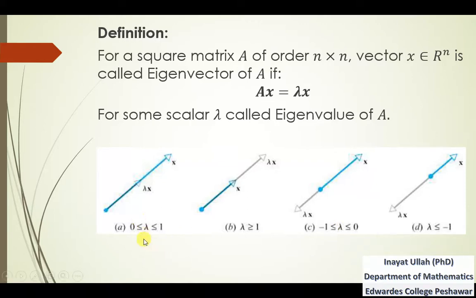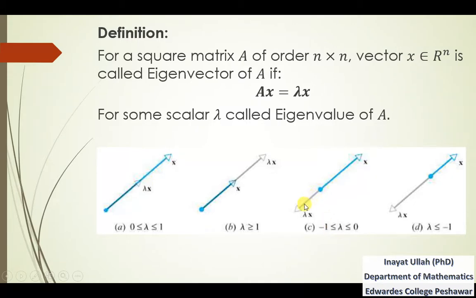in the same sense, whenever lambda reduces the size of the original x, the same is repeated here: whenever lambda lies between -1 and 0, it will reduce the size of the original x, but the direction will be changed.